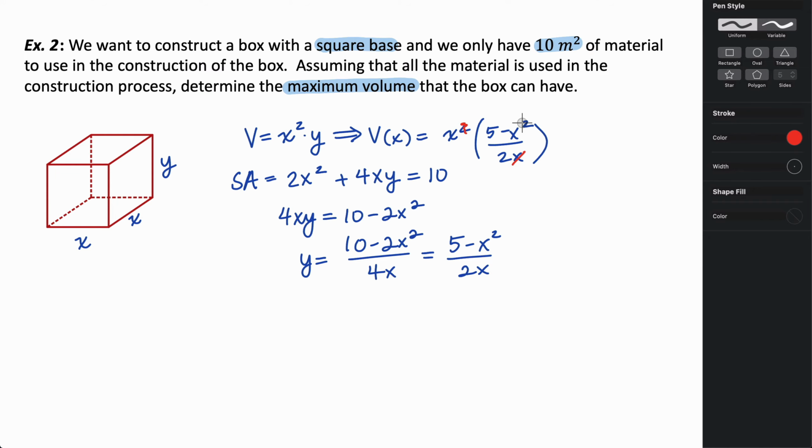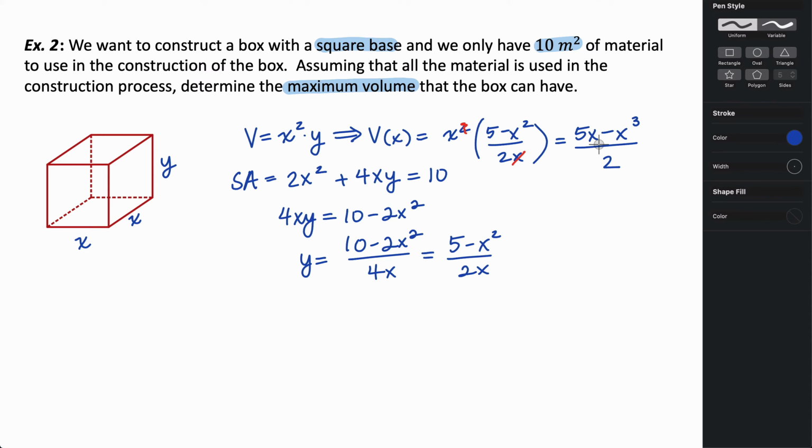And then if I distribute this through, what I'm going to get is 5x minus x cubed all over 2. So that's the volume as a function of x, which we want to try and maximize.